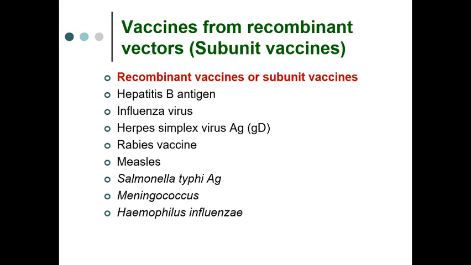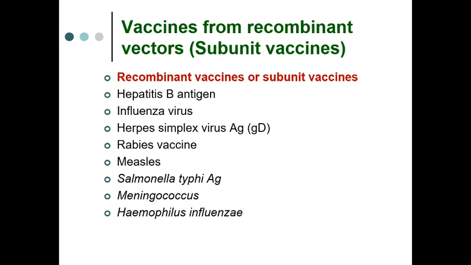Now coming to subunit vaccines produced by recombinant technology. Recombinant technology is nothing but viral vectors or plasmid vectors being used to carry the gene of choice of a strong antigenic domain or antigenic determinant of a particular pathogen.